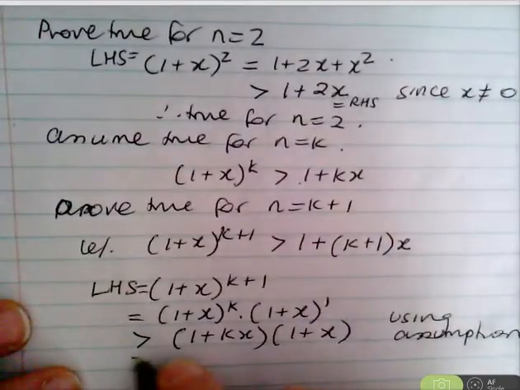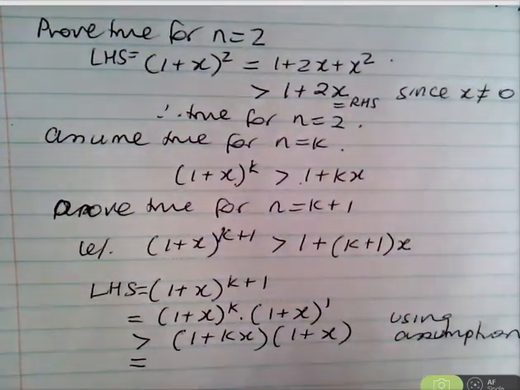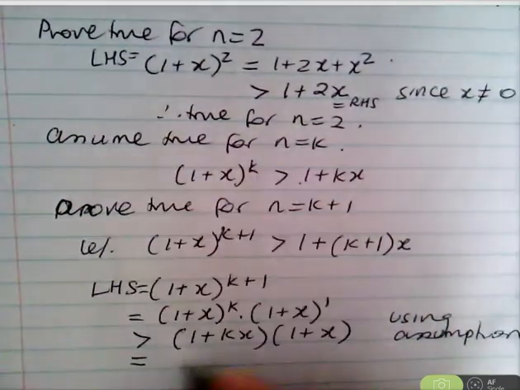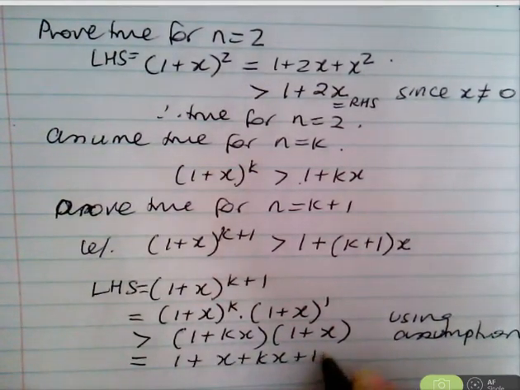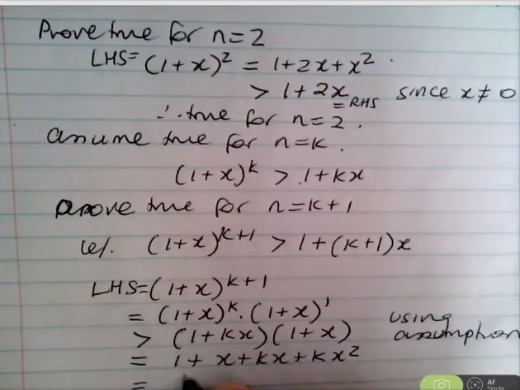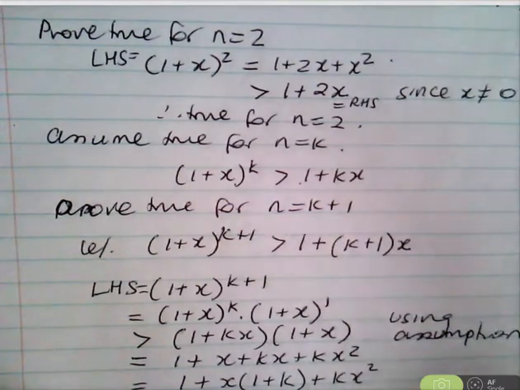And that is equal to 1 plus x plus kx plus kx squared, which equals 1 plus k plus 1 times x plus kx squared.